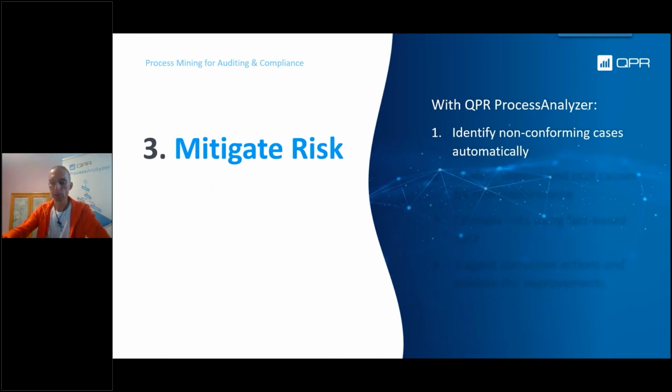So it's really simple to show the non-conforming cases and also to identify the areas, company codes, even on a personal level, where the non-conforming cases are very common and which are the areas that are performing according to the design. Then analyzing the reasons and root causes for those non-conformances.